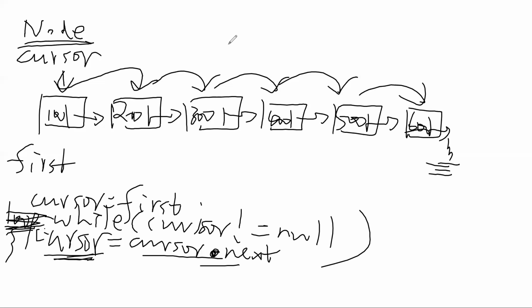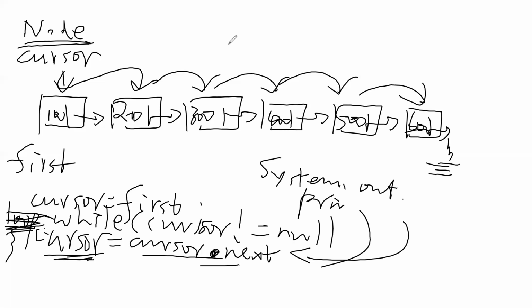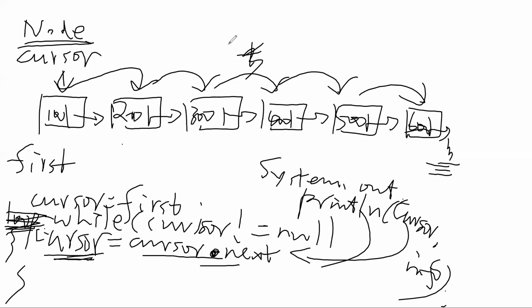If we want to output, suppose a printer, then over here you can plug in System.out.println with cursor.info. And if you keep calling this, then 100, 200, 300 are all going to be output. This kind of concept, we call it traversing.